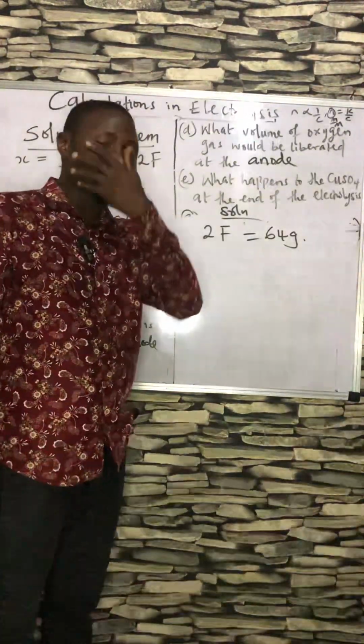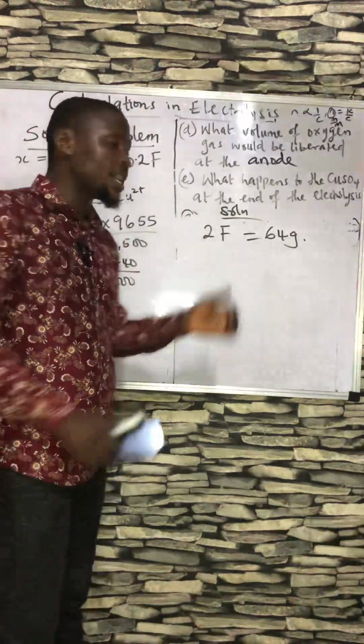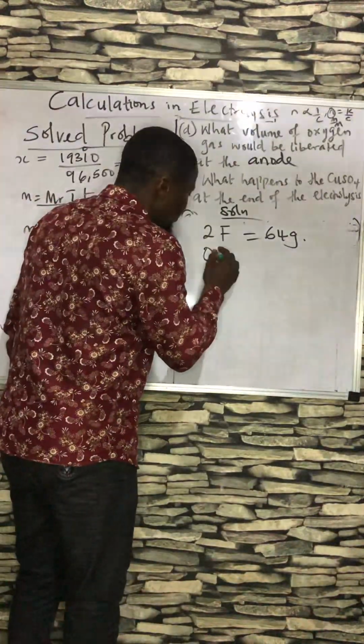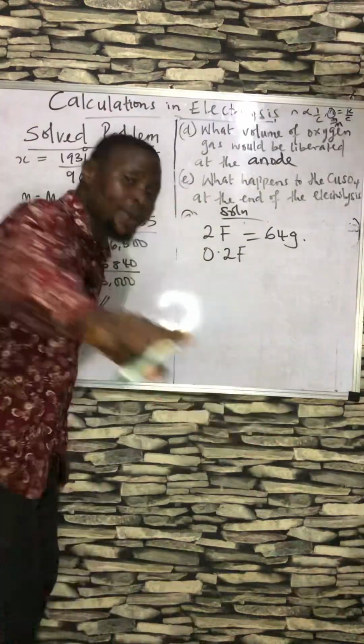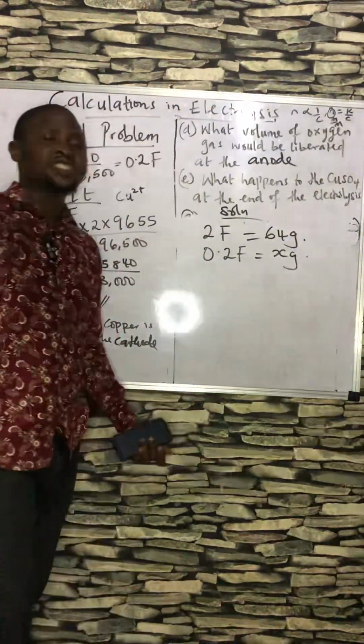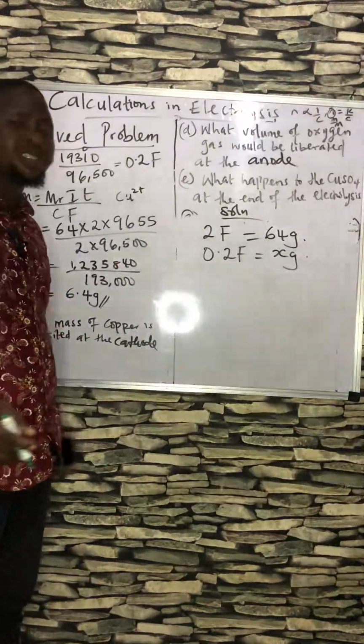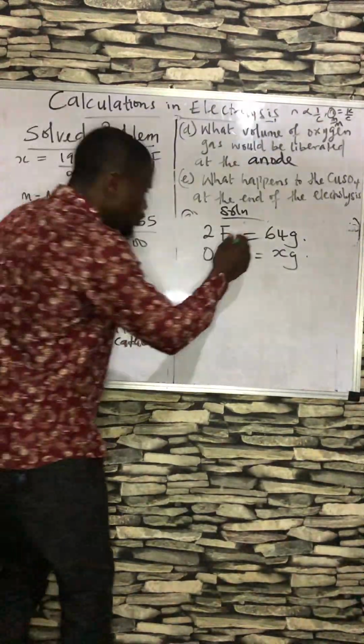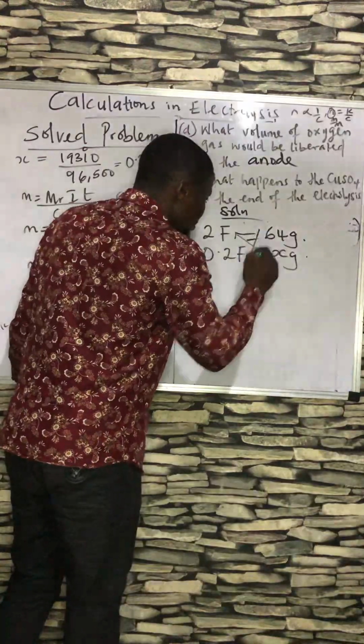Remember, during the electrolysis, how many Faraday was required? 0.2 Faraday was what passed through. So what will be the mass that was discharged? Simple proportionality equation. So you do the same thing, right?